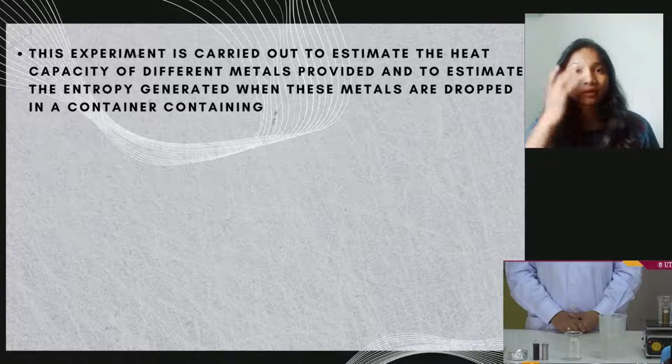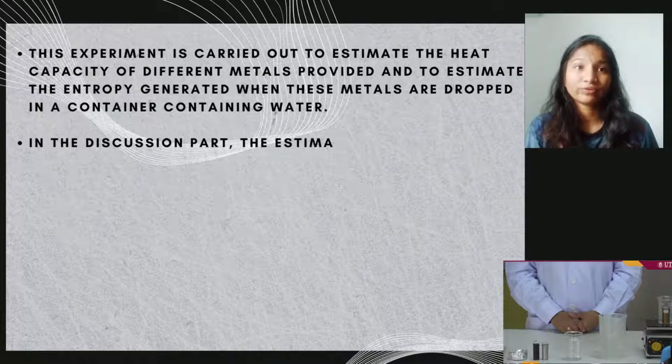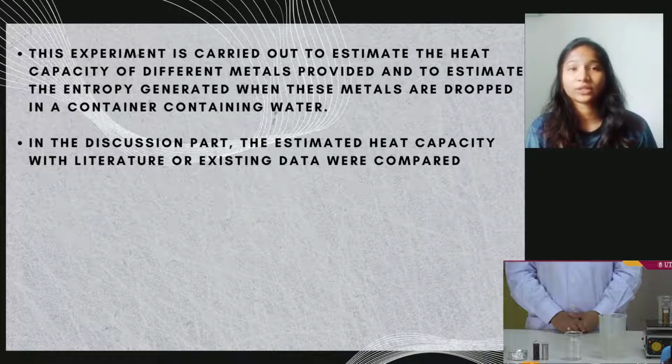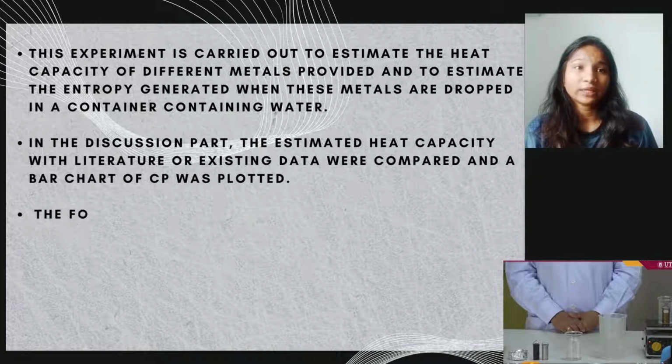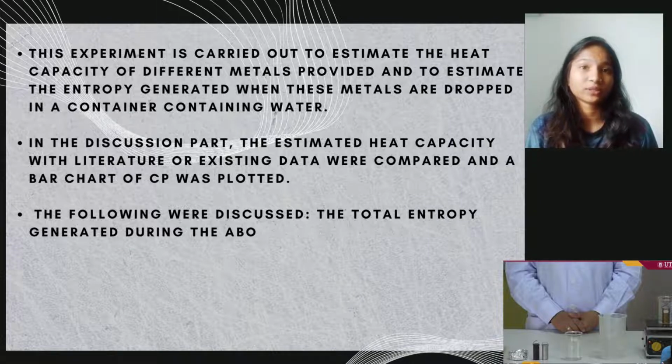For the summary part, this experiment is carried out to estimate the heat capacity of different metals provided and to estimate the entropy generated when these metals are dropped in a container containing water. In the discussion part, the estimated heat capacity was compared with literature or existing data and a bar chart of heat capacity was plotted.